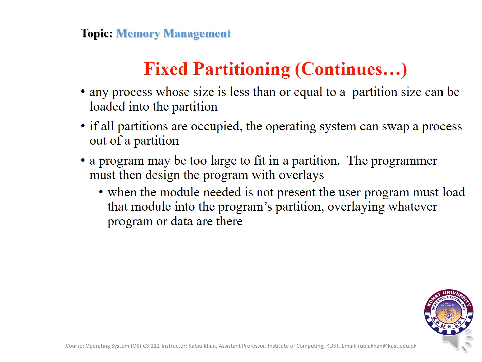Any process whose size is less than or equal to a partition size would occupy that partition. If all the partitions are occupied and another process is required to be loaded, first the operating system has to make space for it. This can be done by swapping out one of the processes, and then the required process will be loaded in that free partition.